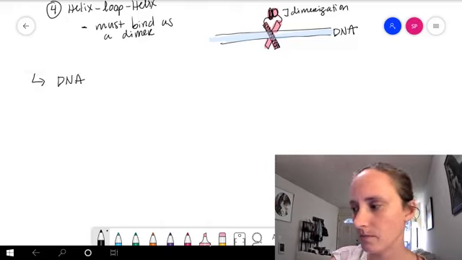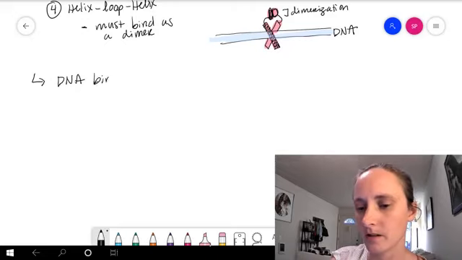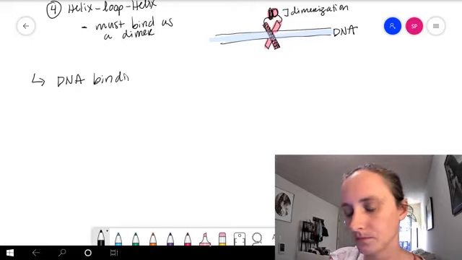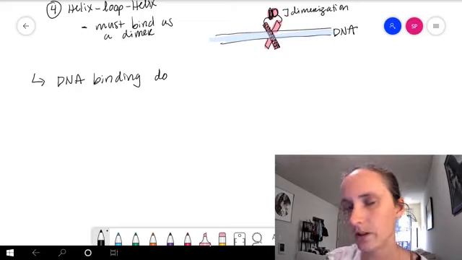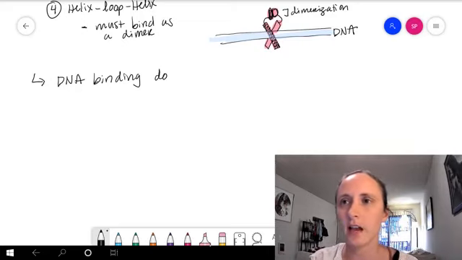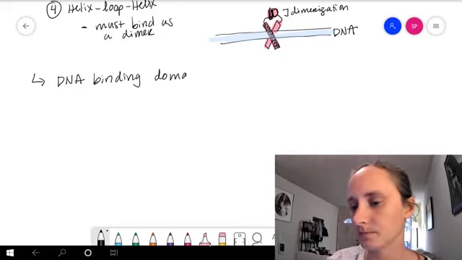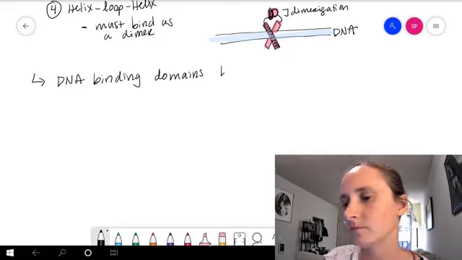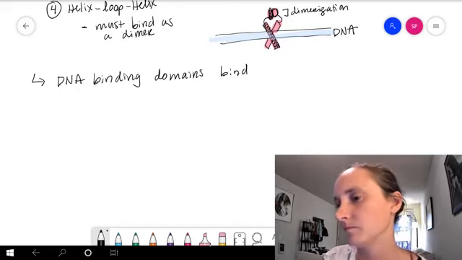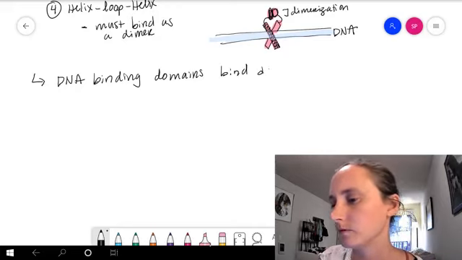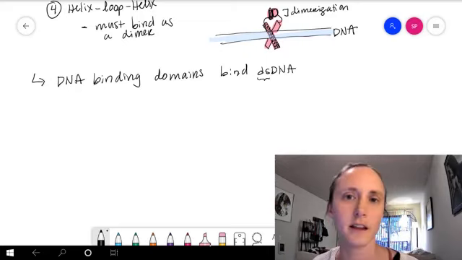Furthermore, DNA binding domains will bind double-stranded DNA. So they don't have to open the helix to find their site. They can just peek along the sides of the bases and find where they prefer to bind. Double-stranded DNA, like dsDNA, that's what that means.